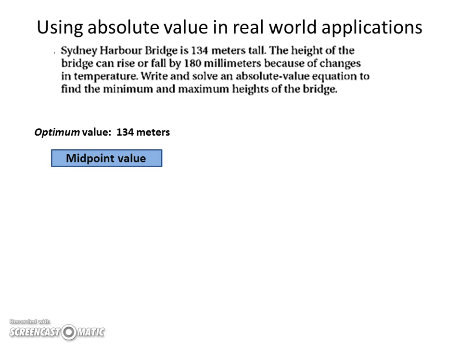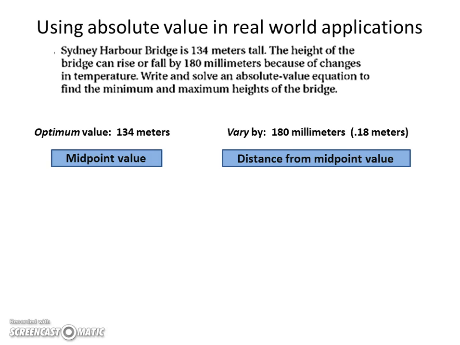That's the optimum value. And another way of thinking about that, once again, if we're thinking about our segment, is that that's the midpoint. But we're allowing it to vary by 0.18 meters, which is the same as 180 millimeters. That's the distance from the midpoint. So we can either make it 0.18 more or 0.18 less. So there's our absolute value equation. The 134 is the optimum value.